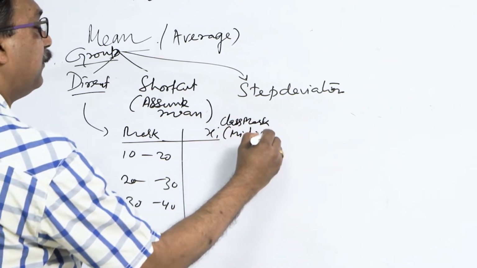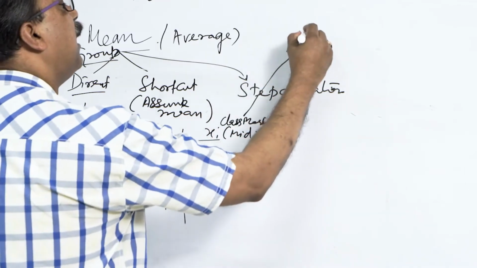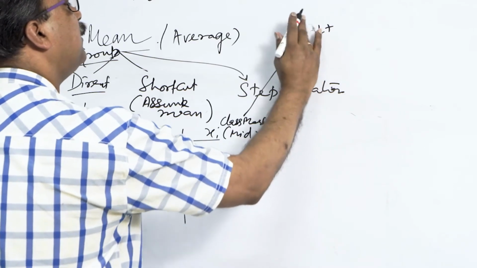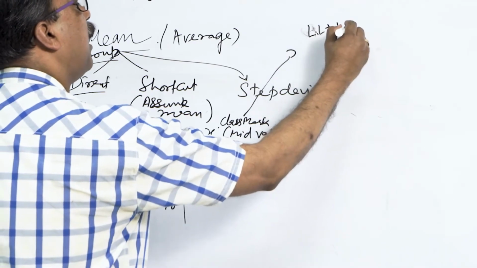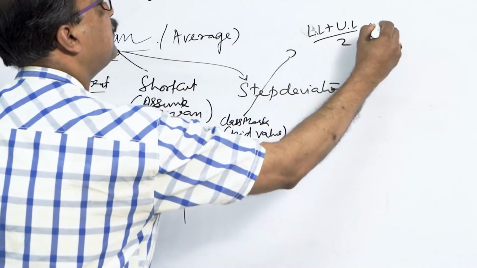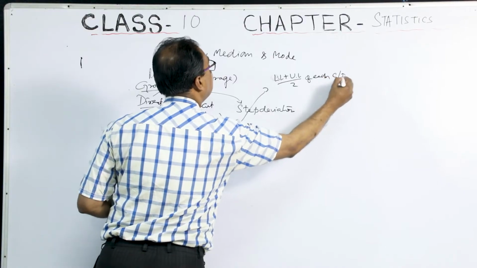What is the formula of mid value? The mid value formula is upper limit plus lower limit, or we can say lower limit plus upper limit, divided by 2, of each class interval. What is a class interval?